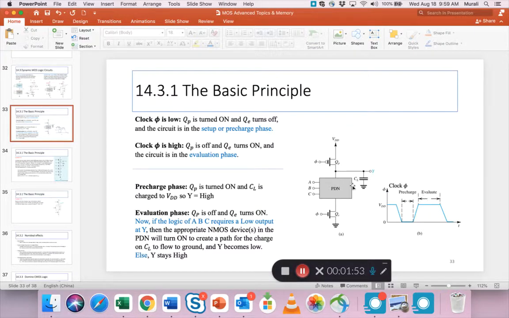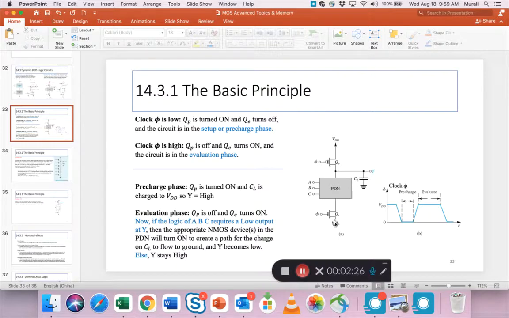In the evaluate phase, basically evaluate means you check something, right? You check to see what the logic is asking in the PDN. Is it asking for the output to stay high, or is it asking for the output to go low? If it is required that it stay high, then you don't have to do anything. Just keep this open and nothing happens. But if it's asking for the output to fall back to low, then a path is created here.